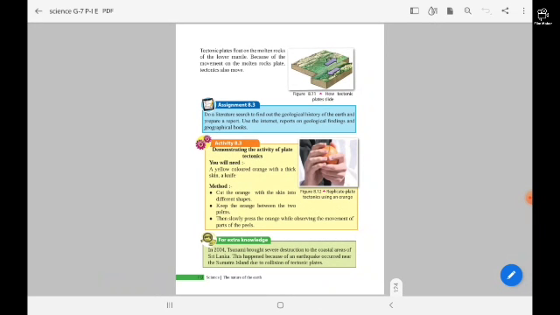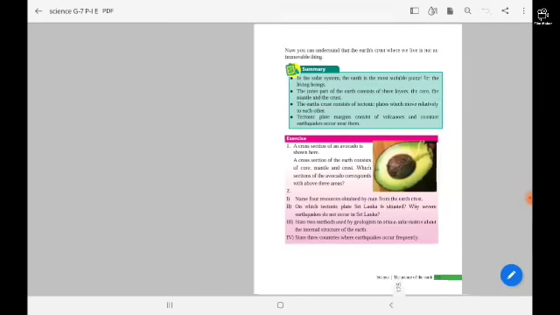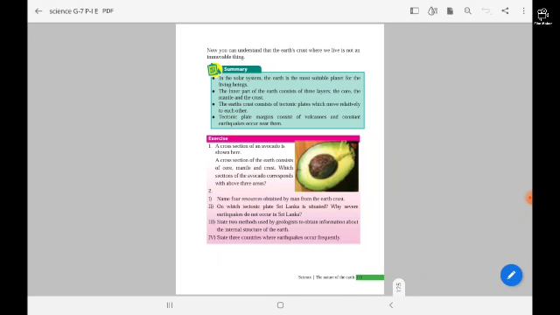You know that it was a very dangerous earthquake. Earthquakes can happen. Now you can understand that the earth's crust where we live is not an immovable thing.